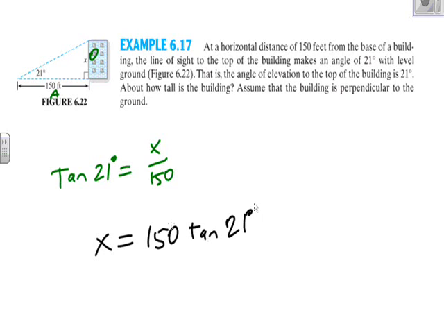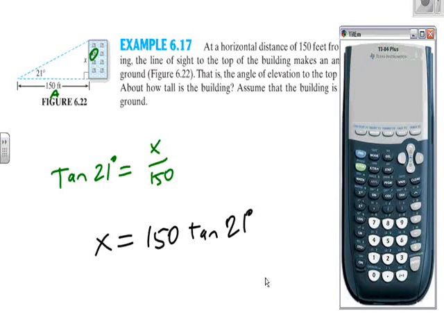So in order to get what tangent of 21 degrees is, you can print charts that have all the sine, cosine, and tangent ratios, or you can use your calculator. On most calculators, you'll find sine, cosine, and tangent. Calculators vary, but you do need to make sure that you're in degrees if you're going to be entering 21 degrees as our angle.